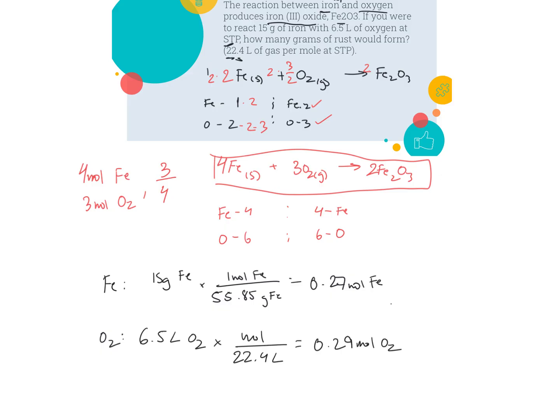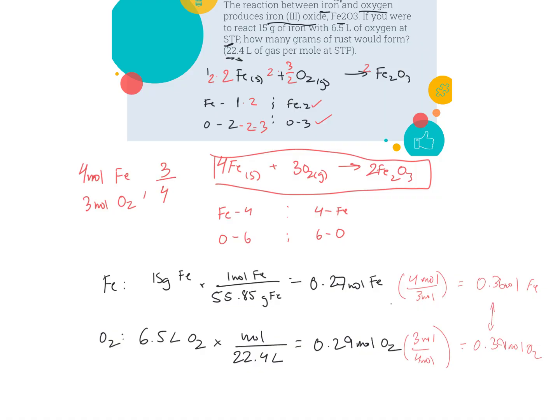Now I can multiply each of them by the mole ratio. And so for every 4 moles of Fe, I have 3 moles of oxygen. And for every 3 moles of oxygen, I have 4 moles of Fe. If I do that calculation, I get 0.36 moles for Fe, and I get 0.39 moles for O2. So now we compare right here.